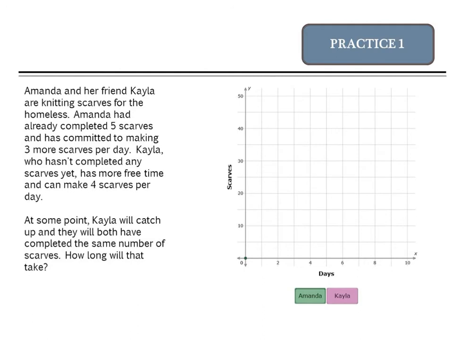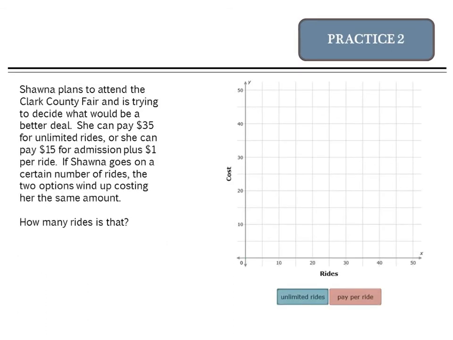Please use a ruler when you're doing your graphing. I've done your practice problems in colors so you see the colors and you know which one is which. You might want to graph in different colors. I have colored pencils. I would definitely use a ruler so you know where these are crossing. But here's your practice 1. Here's practice 2.